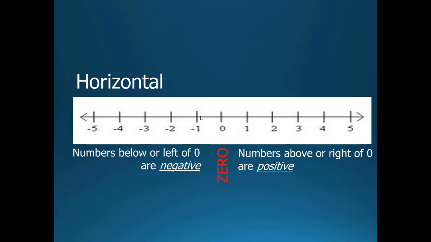So, integers can be expressed in number lines. It can be expressed in horizontal lines and vertical lines. In horizontal lines, the numbers above 0 are positive and numbers below 0 are negative.